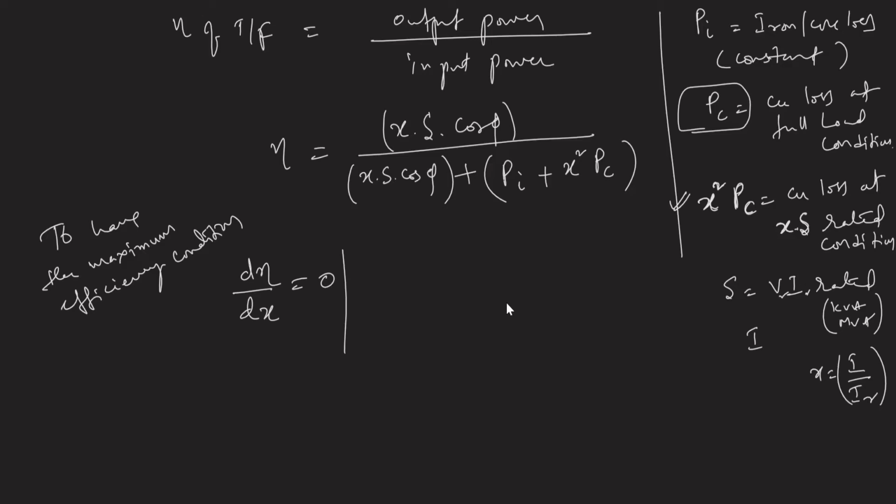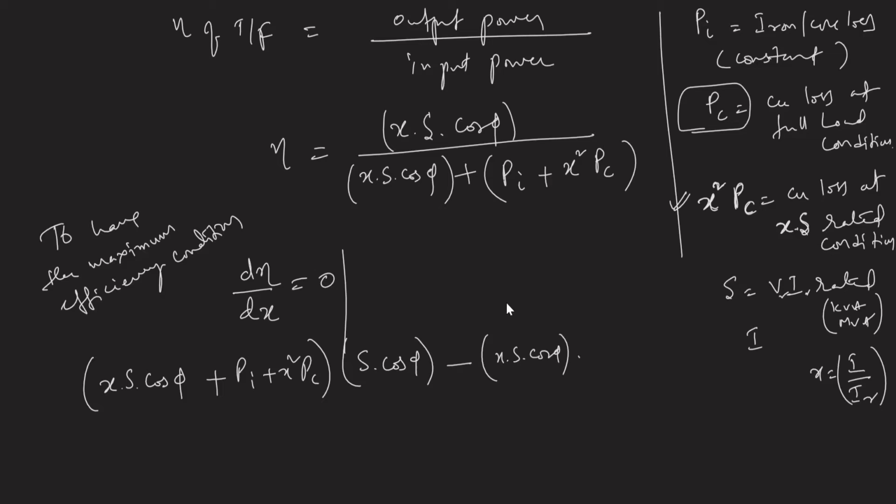Which implies, I can say: X into S into cos phi, I am taking the derivative, plus Pi plus X square Pc, this whole term multiplied by S, derivative of X S cos phi, so that is S into cos phi, minus numerator X into S into cos phi into derivative of the denominator.